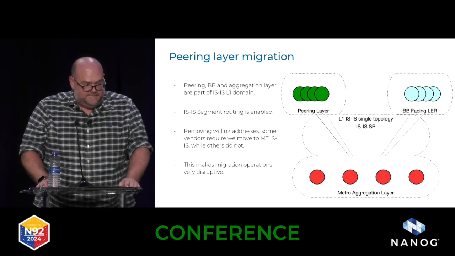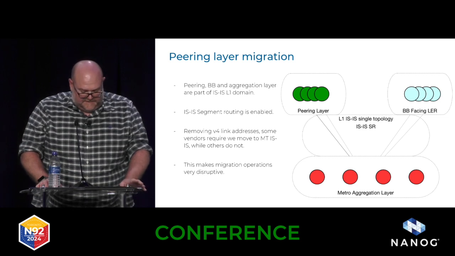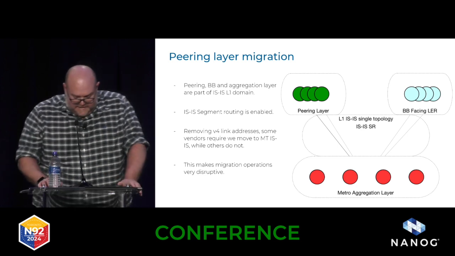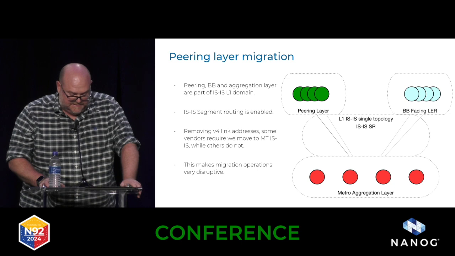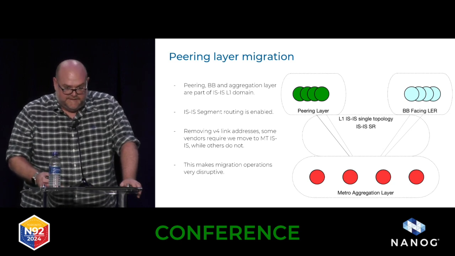So one vendor, you remove the v4 address on the interface, only v6, and single topology ISIS works. Different vendor, you are forced to move to multi-topology ISIS to get v6 only. Which means that you have to move to multi-topology to get the support across that layer, which makes migration pretty painful.